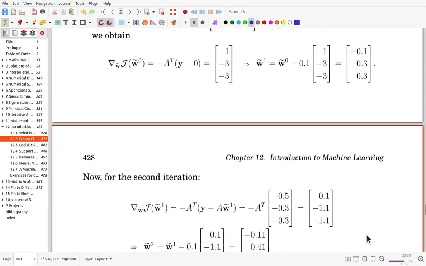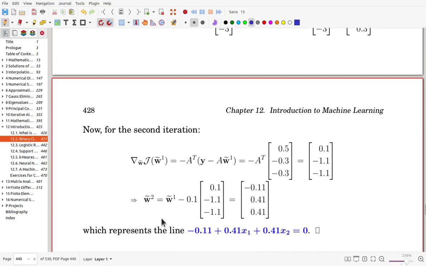Now from W1, we try to get the gradient again for the second iteration, at W1. Again we have this formula, minus A transpose times (y minus A W1). This portion is the same as this one, and after multiplication by minus A transpose, we have that.